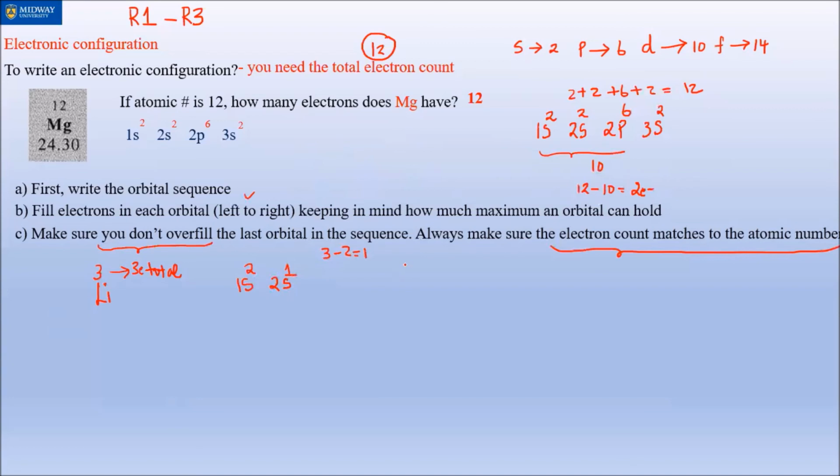Which could be a multiple choice option on the test. So I could give you 1s2, 2s2, and some people will go for it because they think, oh, he said s is 2, s is 2. No, this must match. So 2 plus 1 equals 3, which matches the atomic number, right?